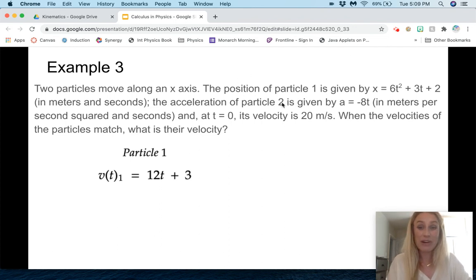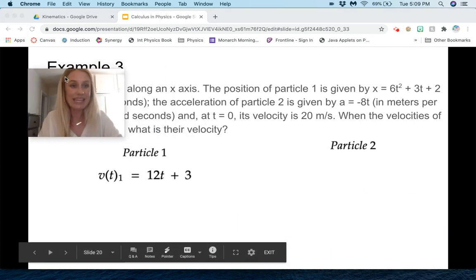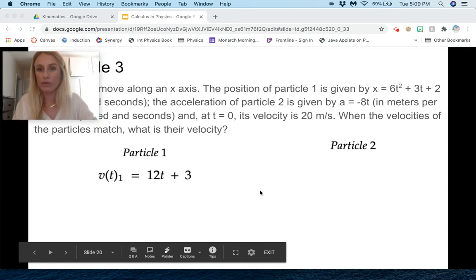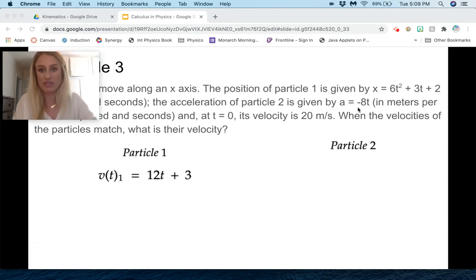And then for particle 2, now we are given the acceleration. So how do I find velocity from acceleration? If you said take the antiderivative or the integral, you are correct. So now we're going to take the integral of particle 2's acceleration to find the velocity.